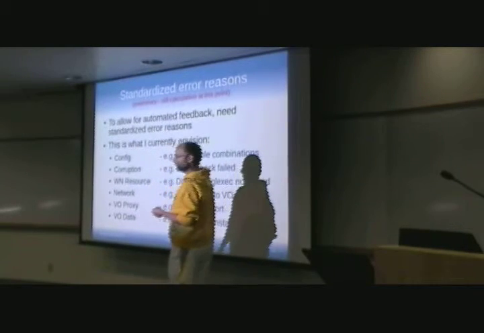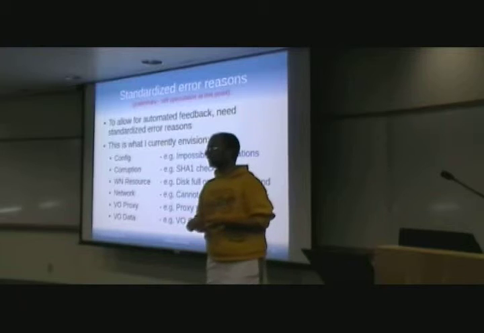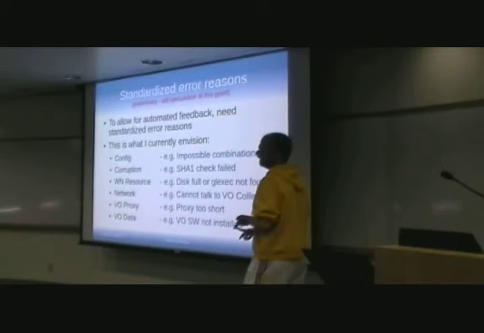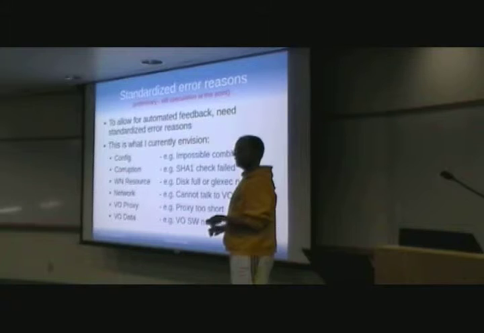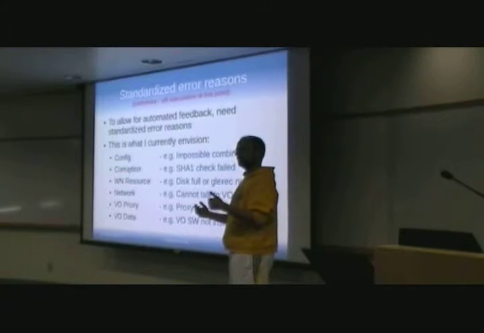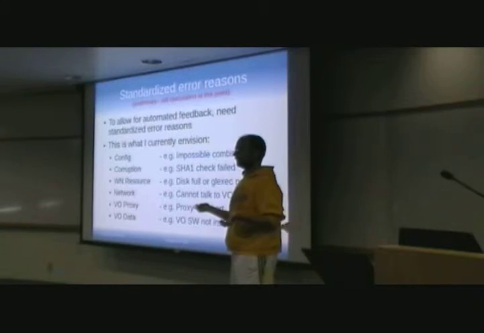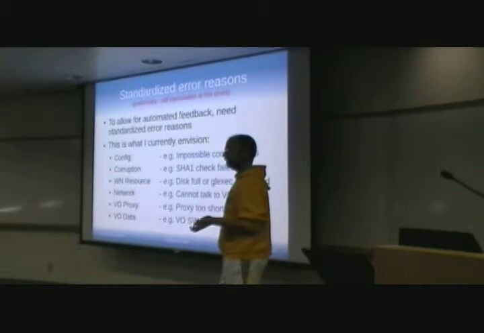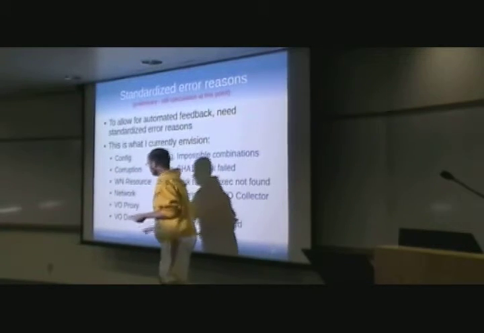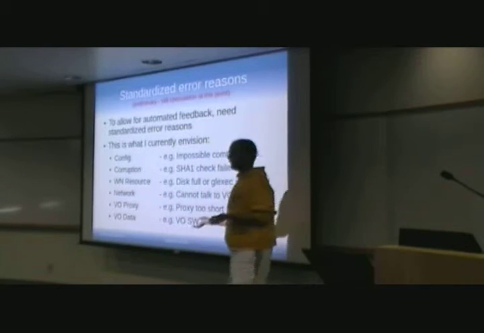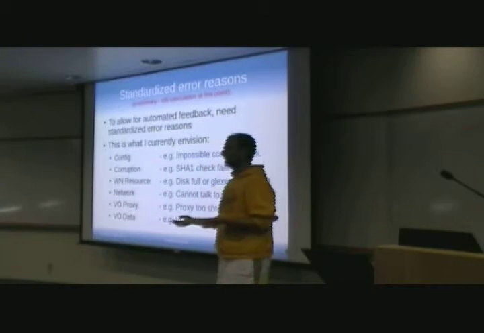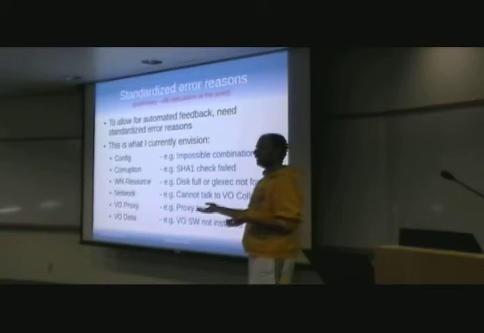A pretty frequent problem is the VO proxy. It's either expired or it cannot be validated or whatever. And we want to have that as a special case, because if we find that, we can fire off an automatic email to the VO admin: what the heck is going on with your proxies? It's not valid anymore. And the last one I can think of is VO data, which encompasses pretty much anything that you have pre-installed, for example, in the OSG app or OSG data, and when you try to look it up, it's not there.